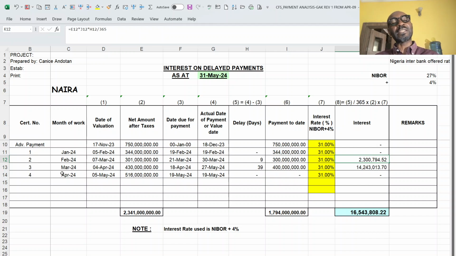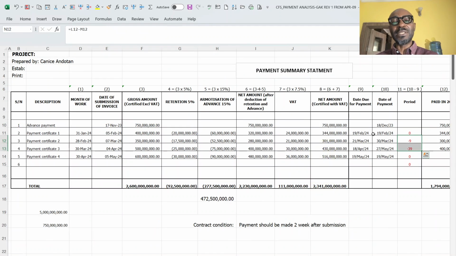So you can see that if you have this record going with you, just imagine you as a quantity surveyor working under a project manager, and he requests that you send him your certificate analysis summary, and you send him this well prepared document.